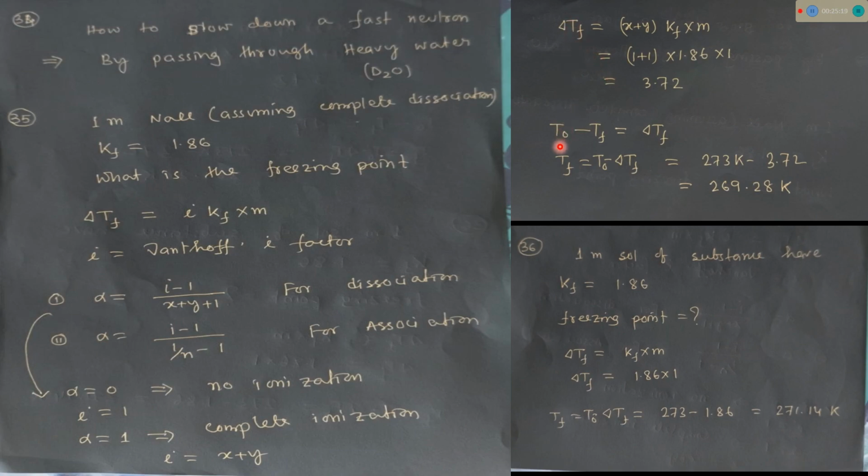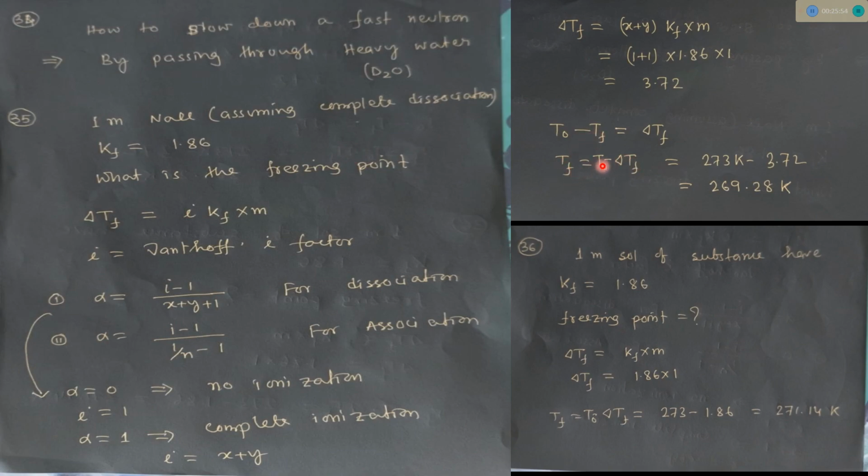Now del Tf is equal to T0 minus Tf, where T0 is the freezing point of pure solvent and Tf is the freezing point of solution. We have to find Tf, which is T0 minus del Tf.